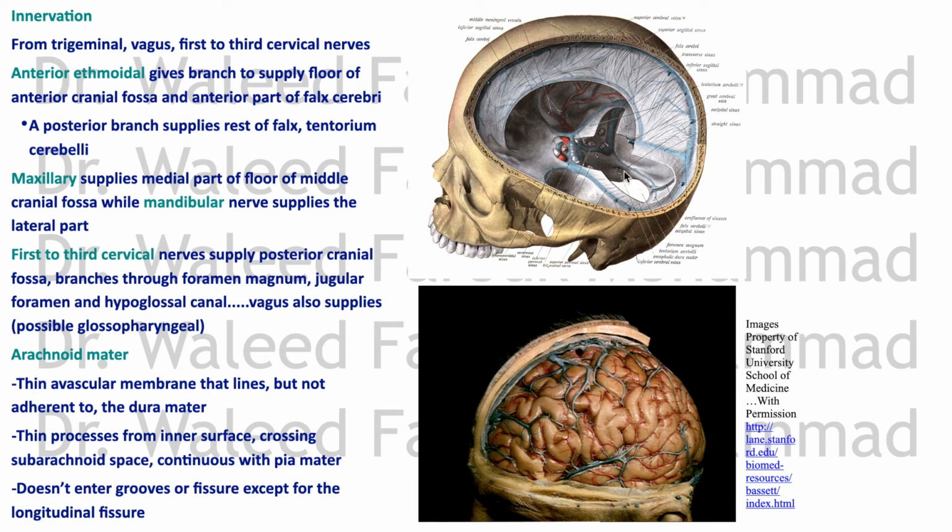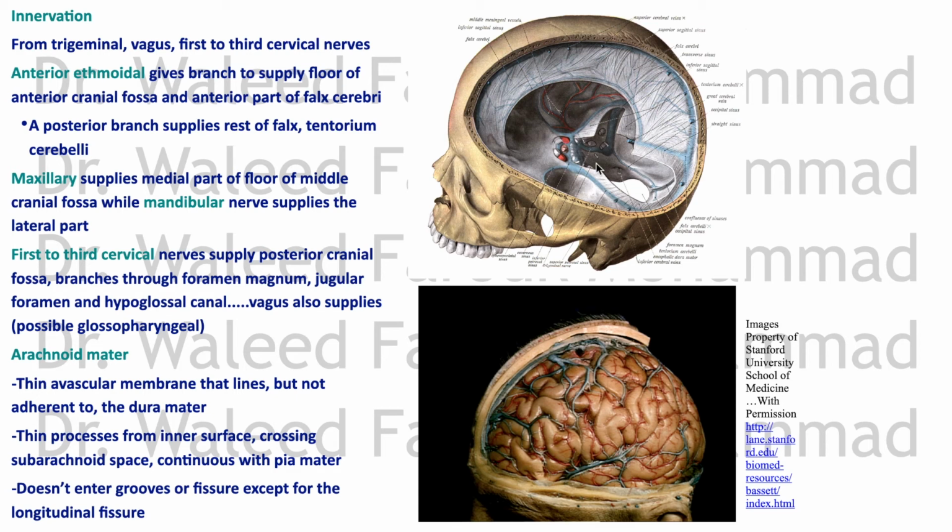Okay? Now we are left with the dura of the middle and posterior cranial fossae. The middle cranial fossa, the medial part of the floor, is taken up by the maxillary nerve, while the lateral part of the floor is taken up by the mandibular nerve. Okay? And the posterior cranial fossa, the first three cervical nerves, they send branches through the foramen magnum and jugular foramen to supply the dura of the posterior cranial fossa.